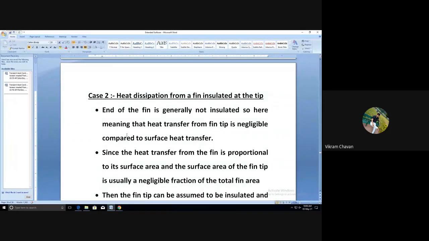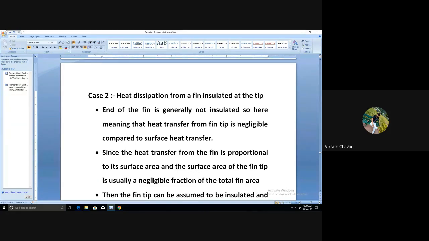Don't take the meaning of infinite literally. Here, infinite means the length of the fin is so long that the fin tip temperature approaches the surrounding temperature, so the temperature difference at the end of the fin is equal to 0.